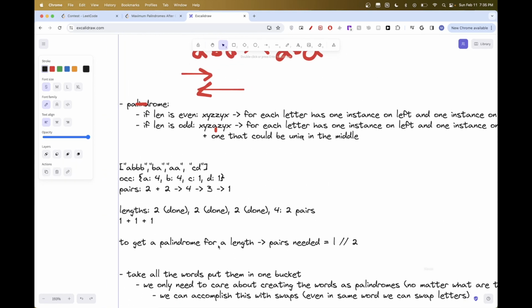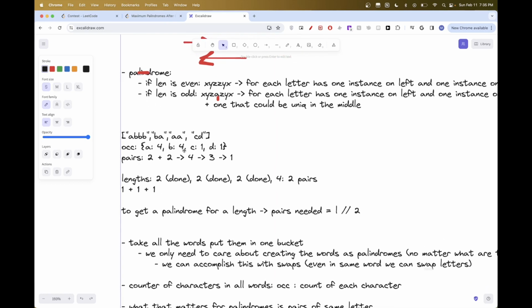Now, going back to what I mentioned here about this middle element, if one of the lengths is odd. The idea here is it doesn't matter, since we put all the characters in a bucket, the number of characters is still the same. So if we weren't able to accomplish something with the pairs, we still have a number of characters that are not pairs that are remaining. We can use whichever one we want. It doesn't matter because this position in a palindrome can be anything. So we don't even need to worry about it because we can pick whatever remaining character.